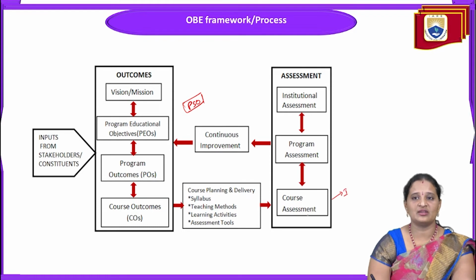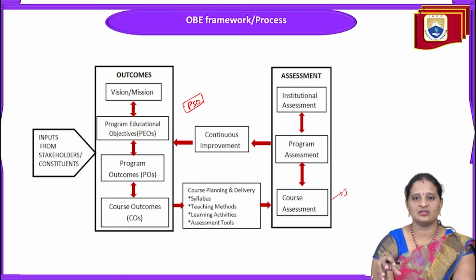The direct method of assessment concentrates more on internal examinations and also external examinations, whereas the indirect assessment is done by taking feedback from the stakeholders, and even from the graduates and parents. They are all stakeholders.